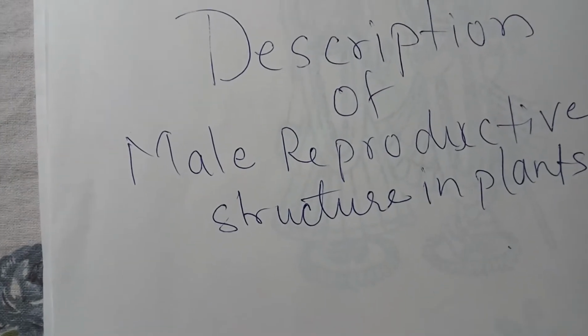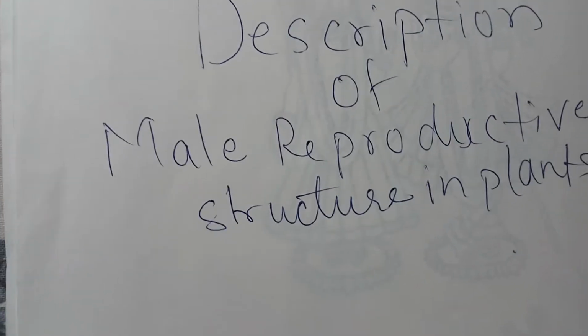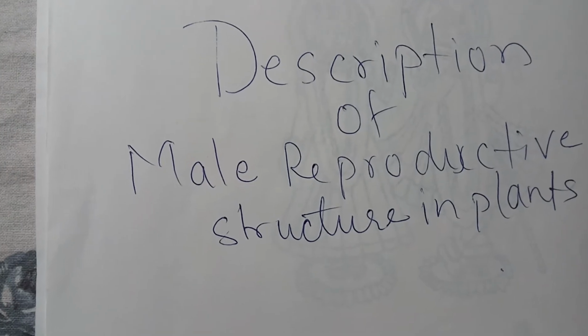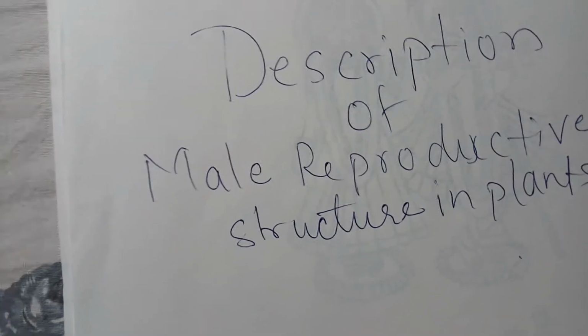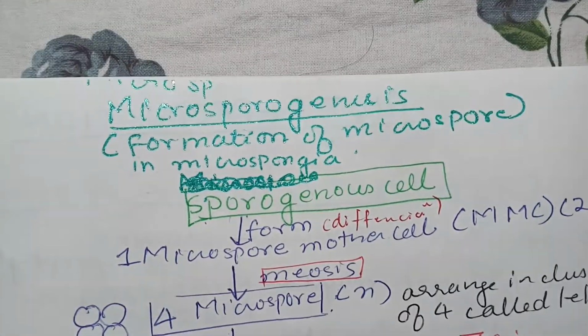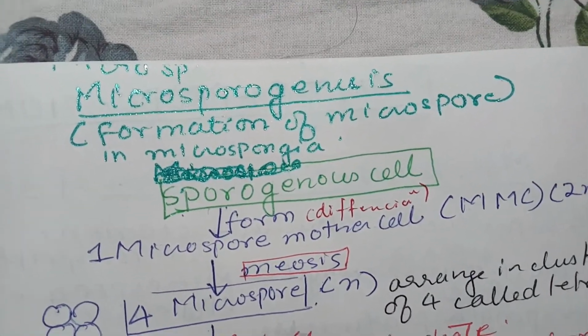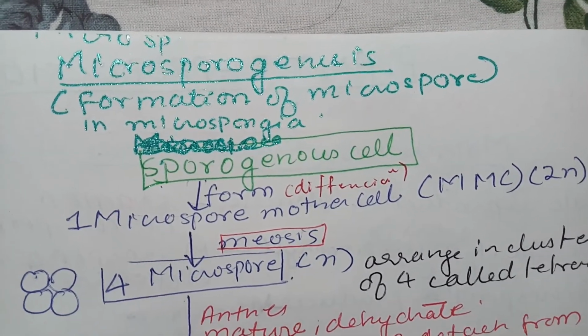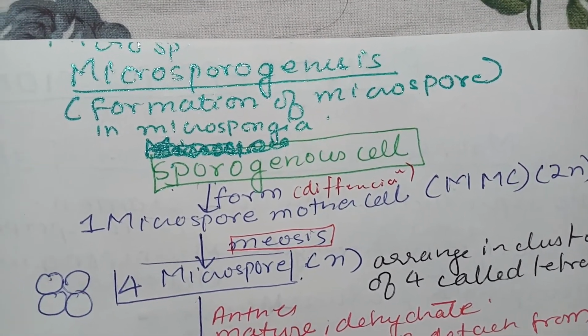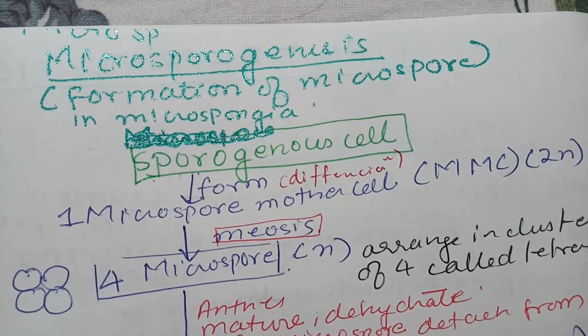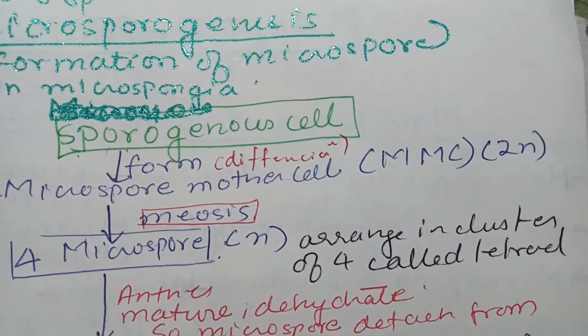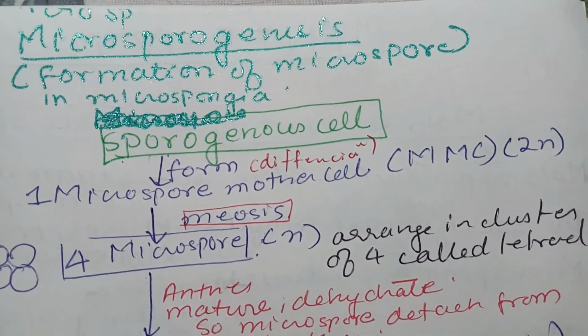Now let's see how the sporogenous cells are converted into microspores. The process of formation of microspores in microsporangia is called microsporogenesis. Sporogenous cells which are present in the center of microsporangia differentiate and form microspore mother cells, which are diploid.